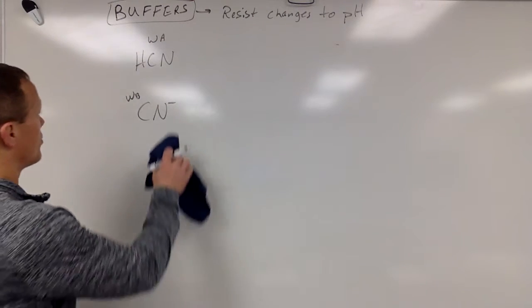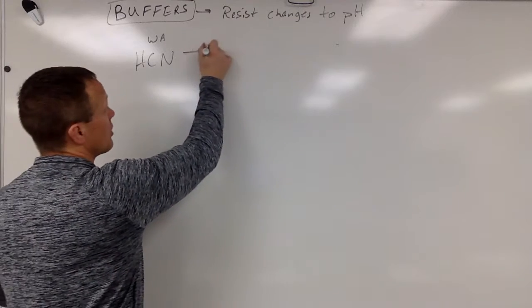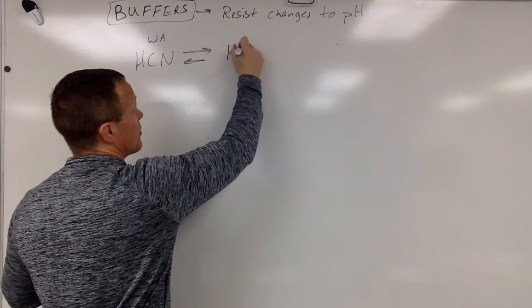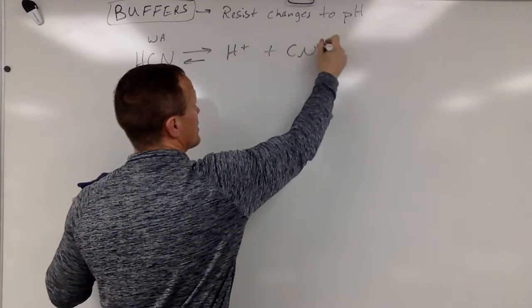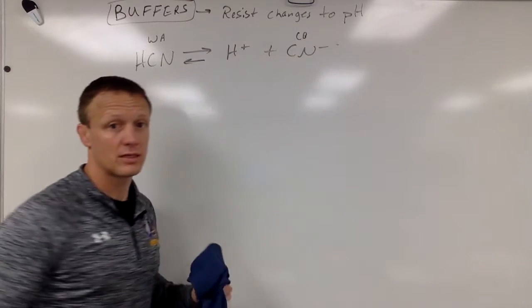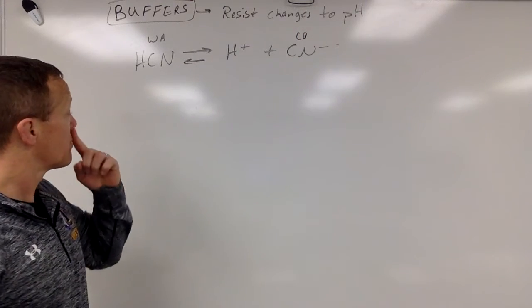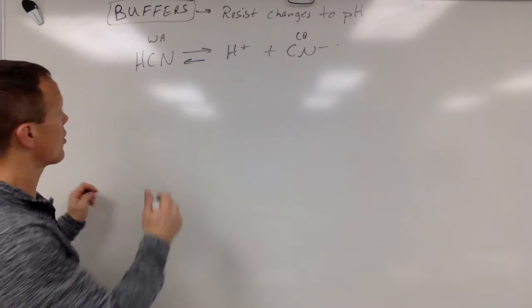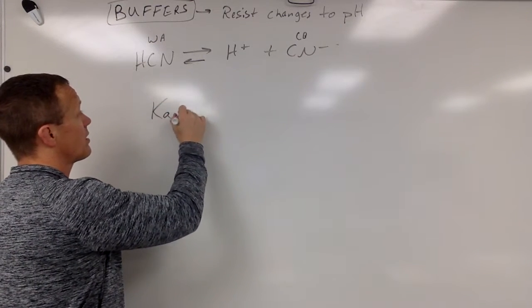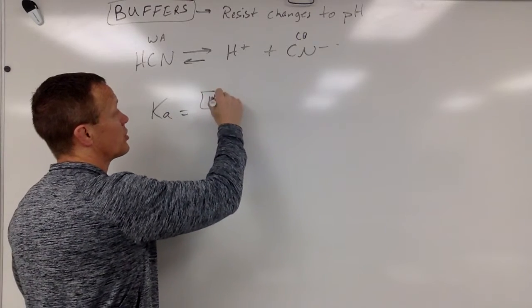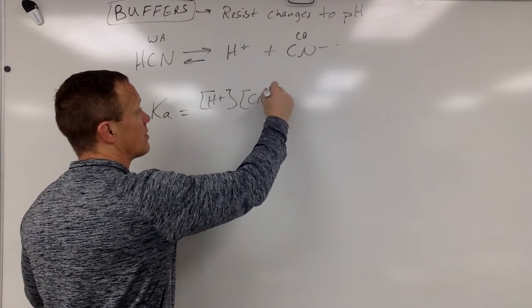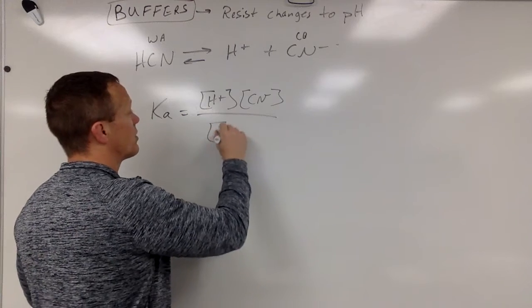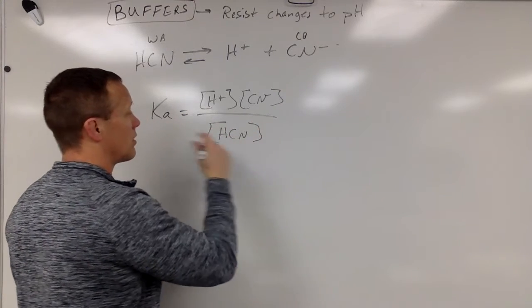Let's go back to what we've done in the past. If we show the equilibrium of this, we end up with H plus, CN negative, that conjugate weak base, and HCN. If we write our K expression, Ka equals the concentration of H plus times the concentration of CN negative, all over the concentration of HCN.